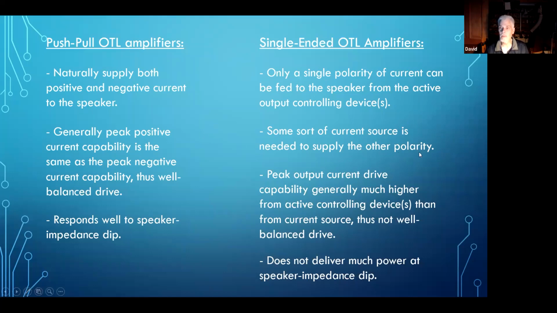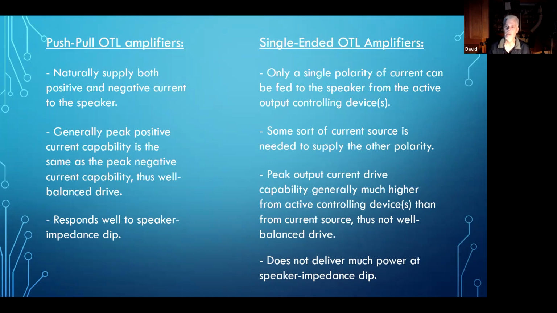If you're going to push the speaker in one direction with this one active output device, you have to have a way of pulling it in the other direction, because speakers want to be pushed and pulled in two different directions. They don't just want to be pushed in one direction. So you need a source of current. You may need to store energy to do that.